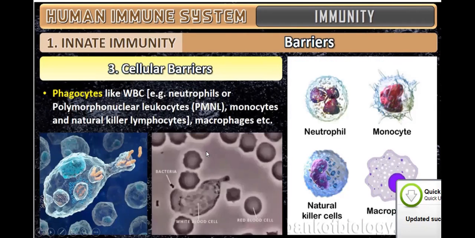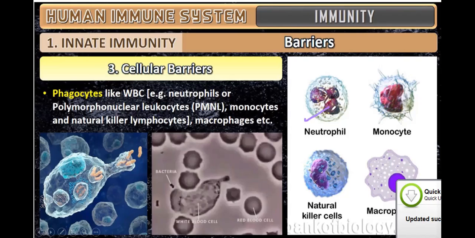Then the third line is the cellular barriers. Phagocytes like WBCs: neutrophils, which are polymorphonuclear leukocytes (PMNL), monocytes, natural killer lymphocytes, and macrophages. These are the cellular level of barriers.